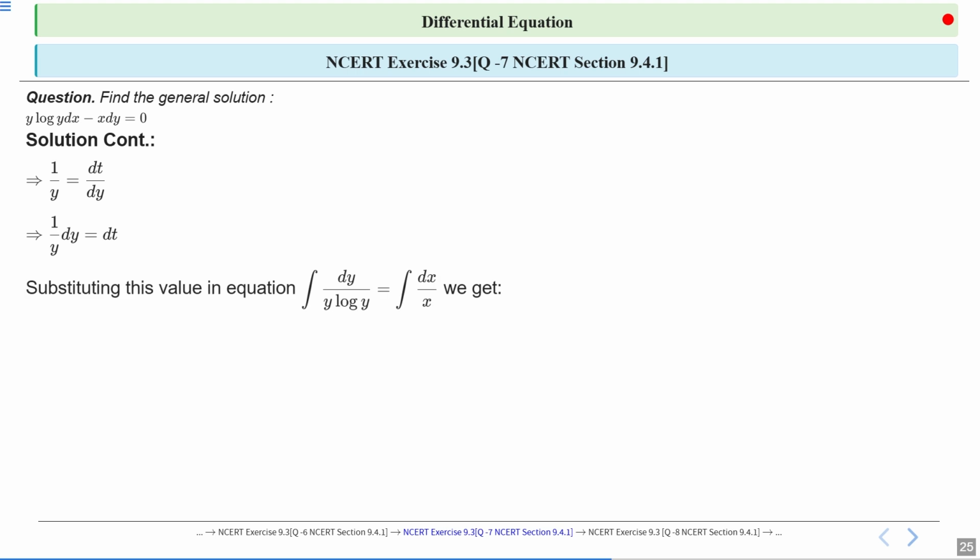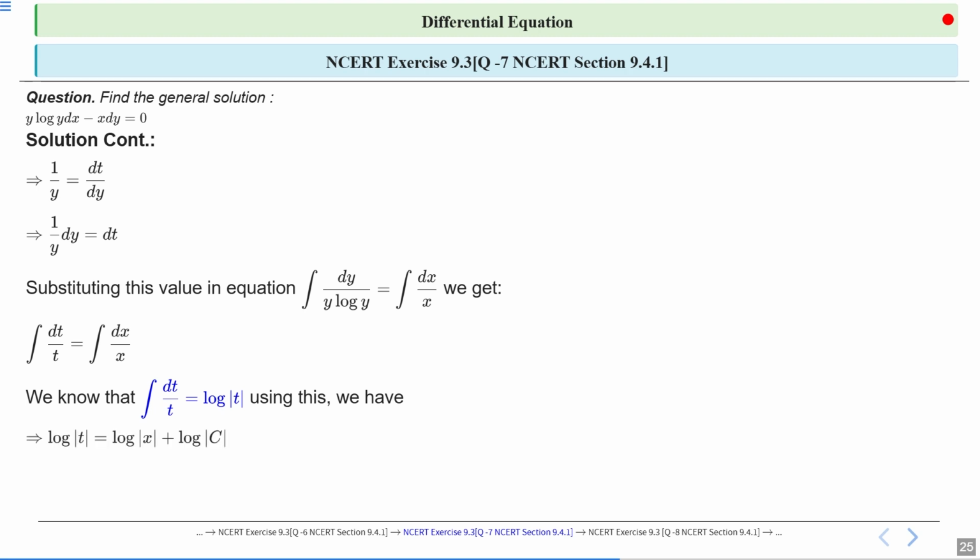Substituting this value in the integral of dy by y log y, for the LHS part we can write dy by y as dt, and as we take log y as t, we get integral of dt by t is equal to integral of dx by x. And we know that integration of dt by t is log mod t. So using this we have log mod t is equal to log mod x plus log mod c.